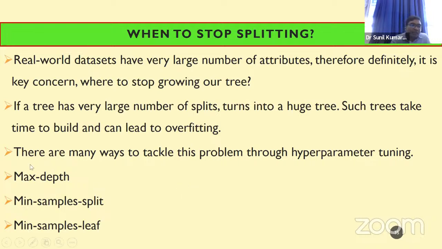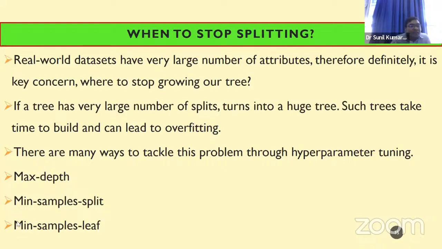Many criteria are there, like max depth. Rather than waiting until it reaches the leaf nodes, we can fix the depth, I mean, the height of the tree will not go beyond the given height.